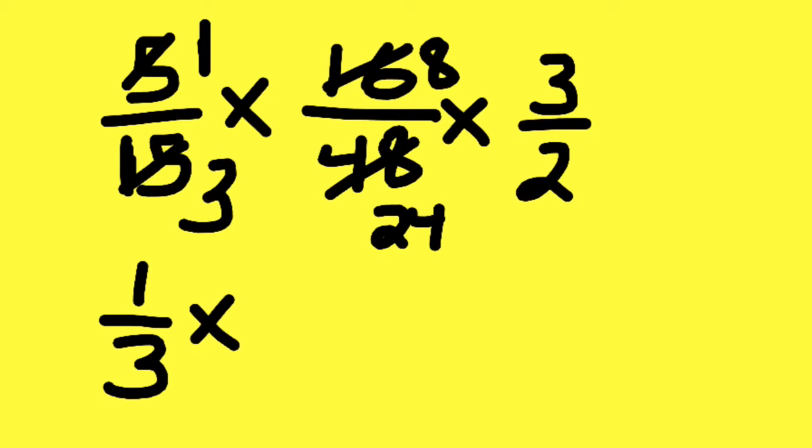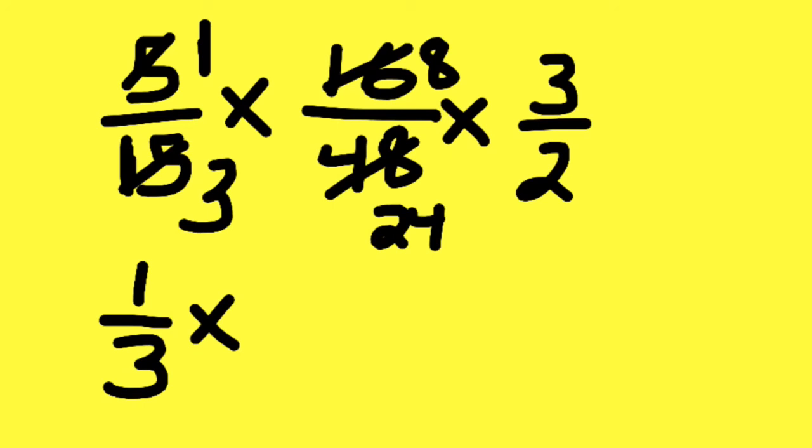Now, you see that 8 over 24 can also be reduced. So 8 and 24, if you can't see yet that they're multiples of 4, that's okay. What you may be able to see though is that 8 and 24 are both multiples of 2.